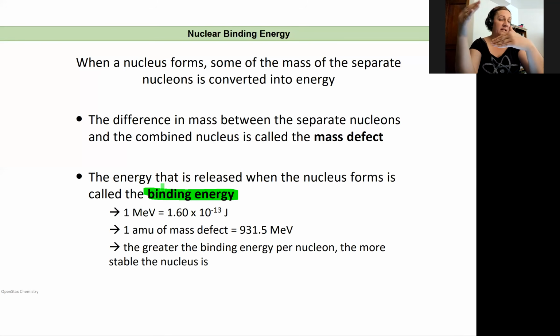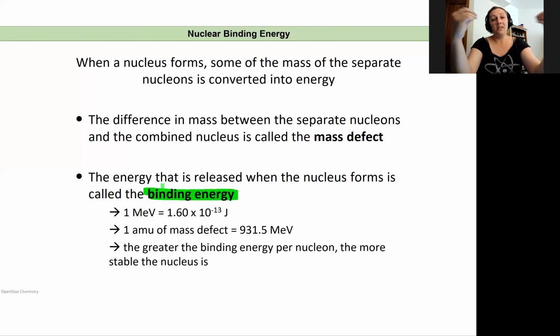It really is just how much energy is holding those two together. And so the binding energy of the nucleons is the energy holding those nucleons together as an effect of the strong force, rather than the effect of an electrostatic attraction between an electron and the nucleus. But it's the same general principle.